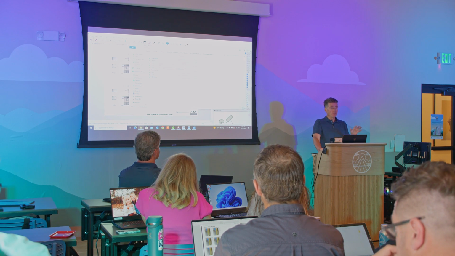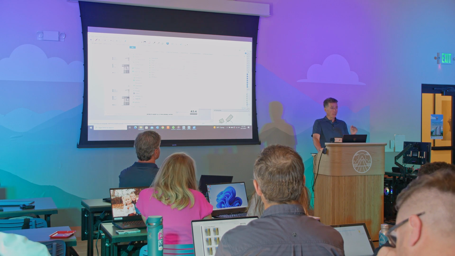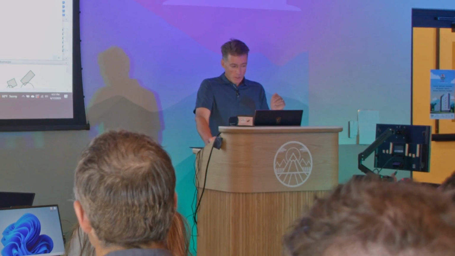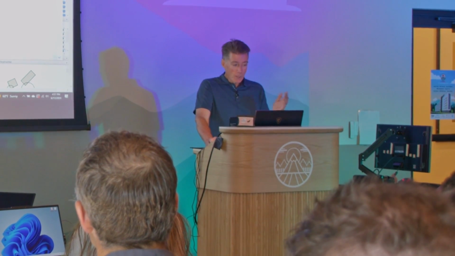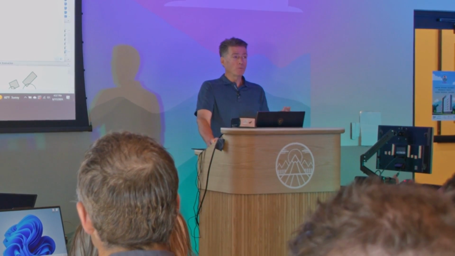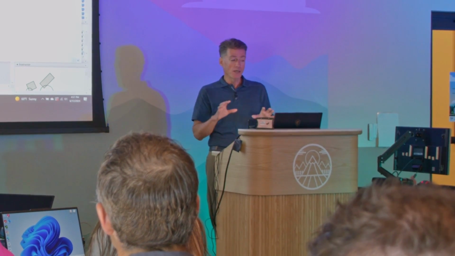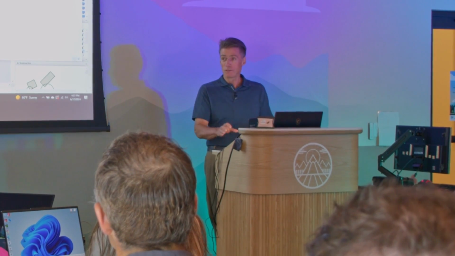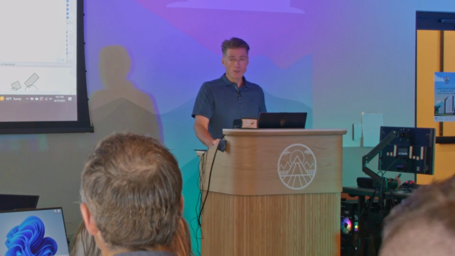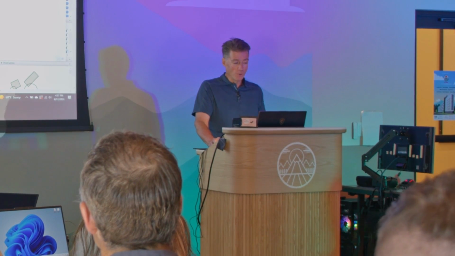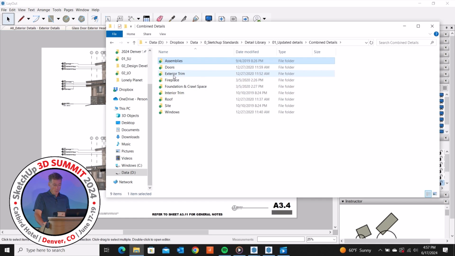I'd love to be able to have the folder tree in there, because otherwise, for instance, assemblies is a good example. I have multiple folders. It'd be nice just to hit the assemblies and then I'd have access to all of them. Instead, I have to go in and hit each one individually. I mean, you do it once you've done it, so not a big deal, but that would be kind of cool if it didn't have to go through that, because I do have some cases like that.